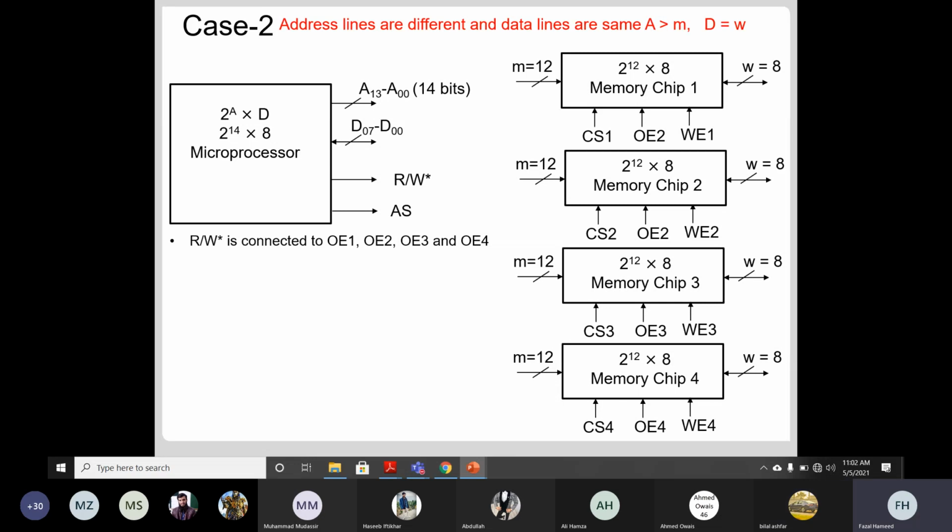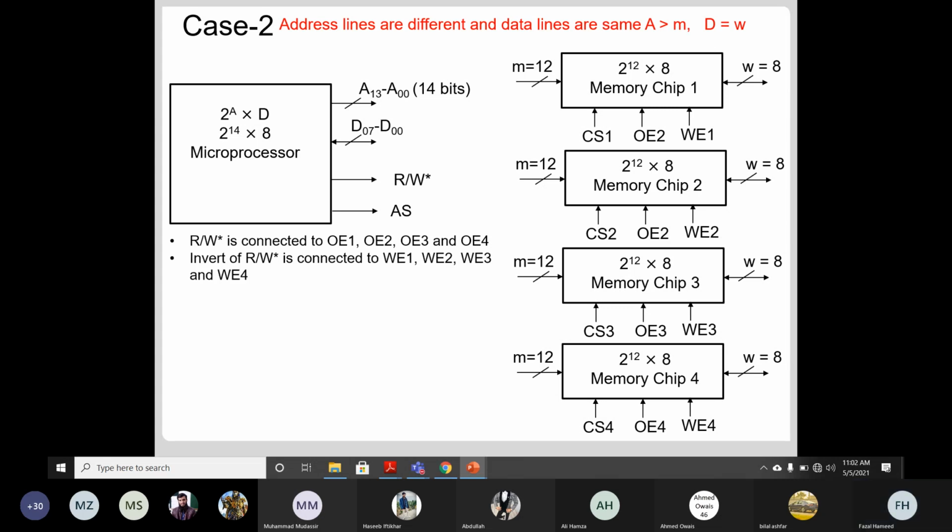We will connect read-write bar to OE1, OE2, OE3, and OE4. Simple. Am I right or not? Read-write bar will connect to OE because OE stands for output enable.